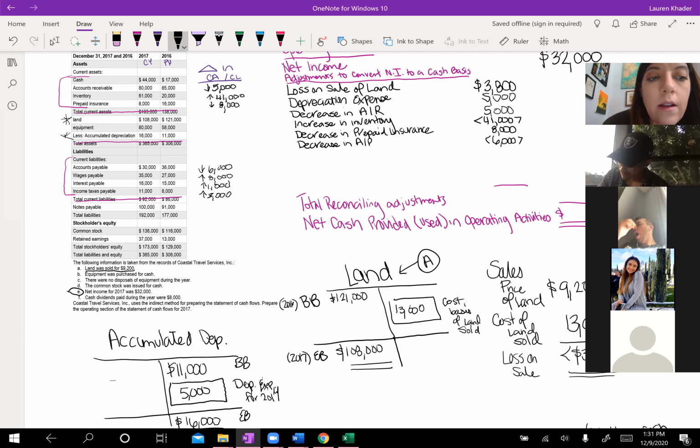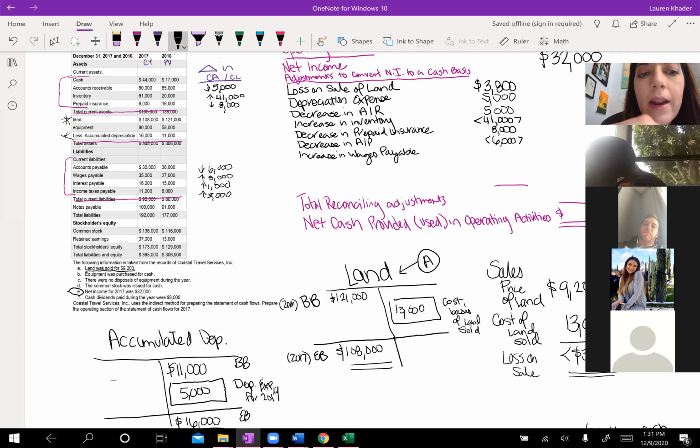Subtract. Increase in wages payable. We incurred a higher expense on an accrual basis than we actually paid out in cash, so we get to add back for the 8,000.